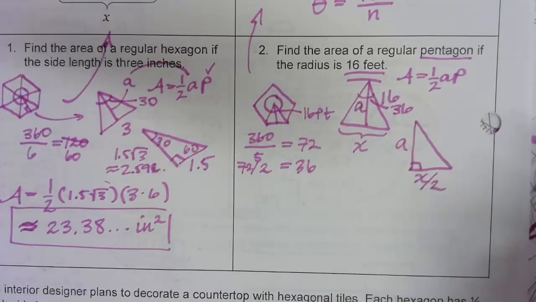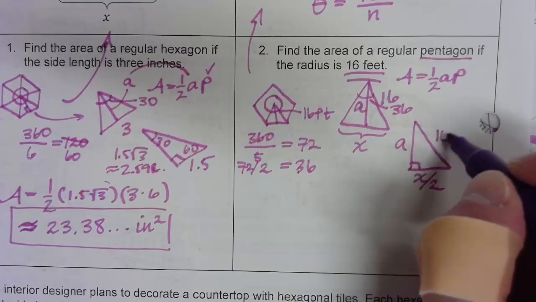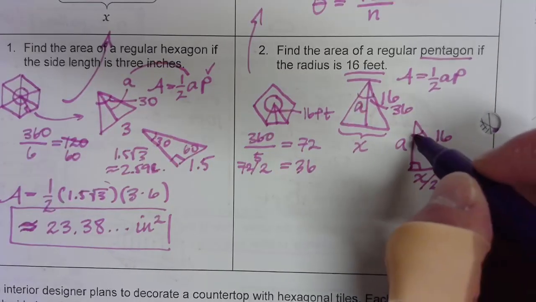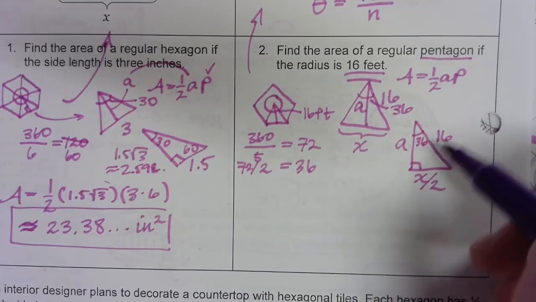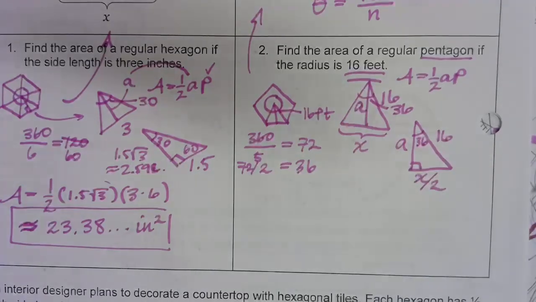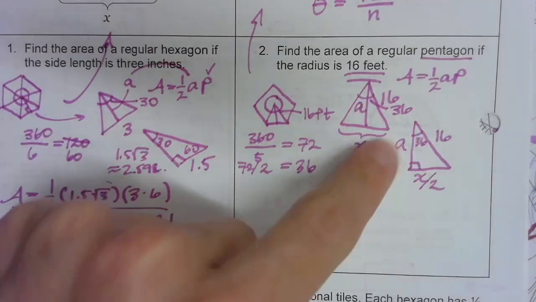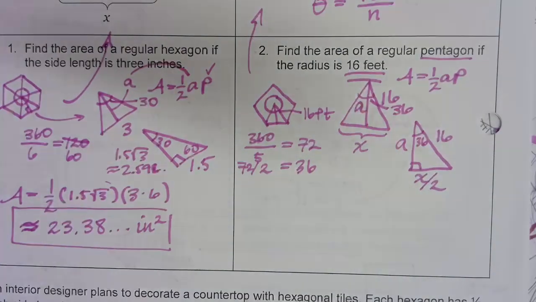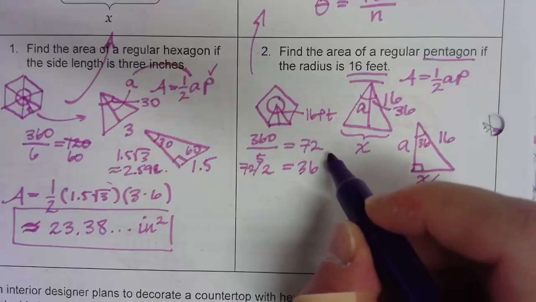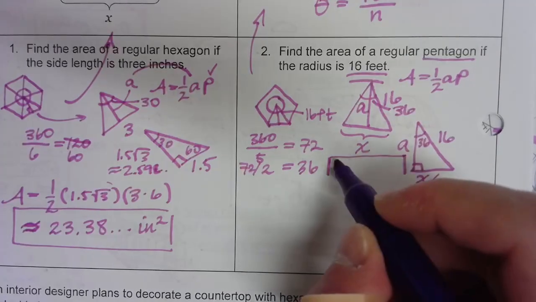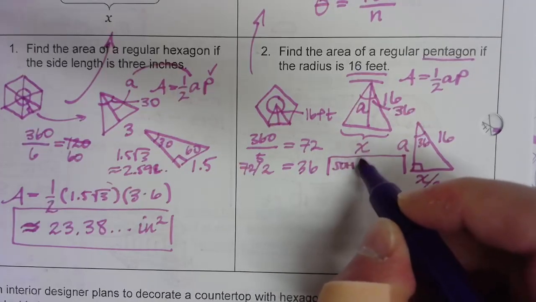Here I have the apothem, and then on the radius I have 16, and I know that this angle is 36 degrees. So I could do a trig problem here to find out the answer for the others. In any case, I think I'm going to find the apothem. That just seems easier. And then maybe I can use the Pythagorean theorem to solve the other one. So, to sum in the trigonometry functions, I say SOHCAHTOA.